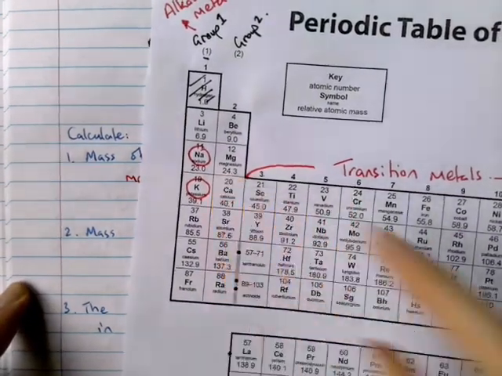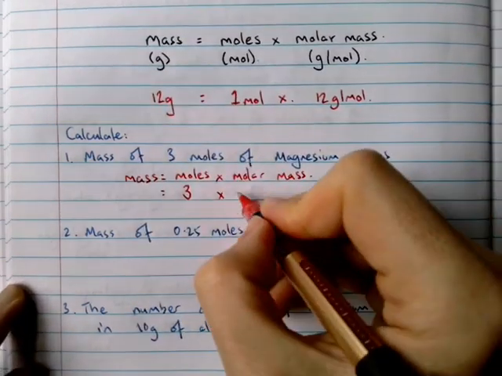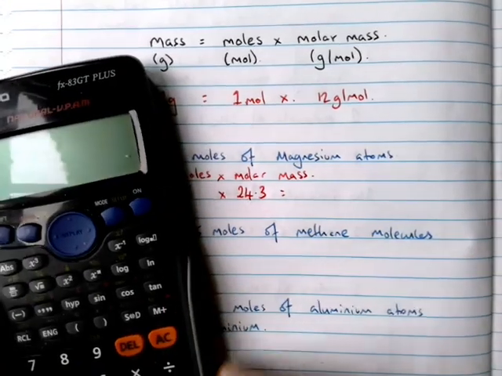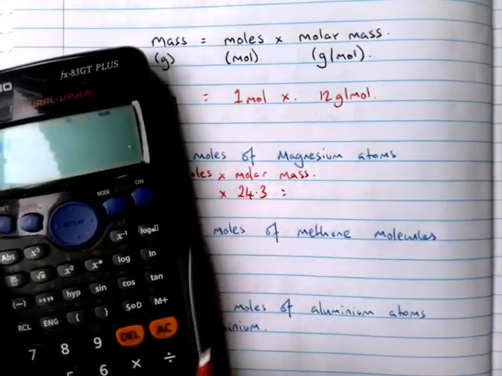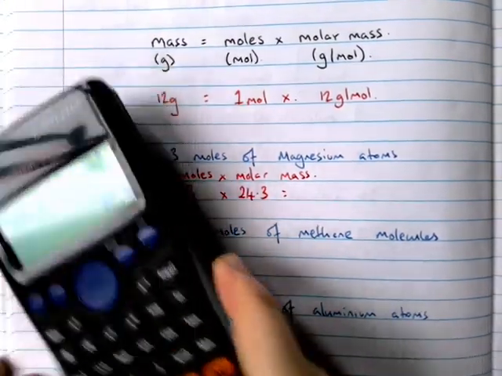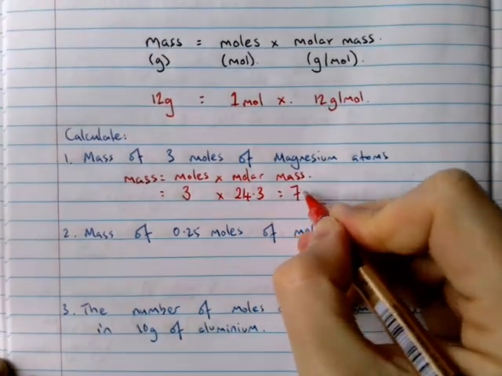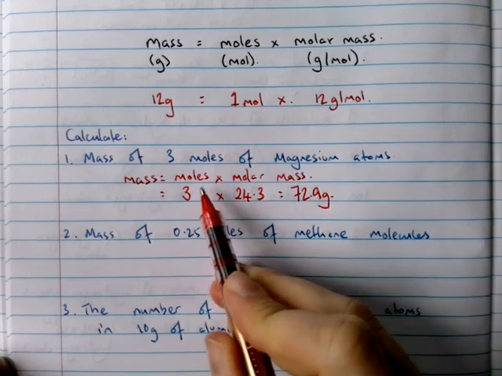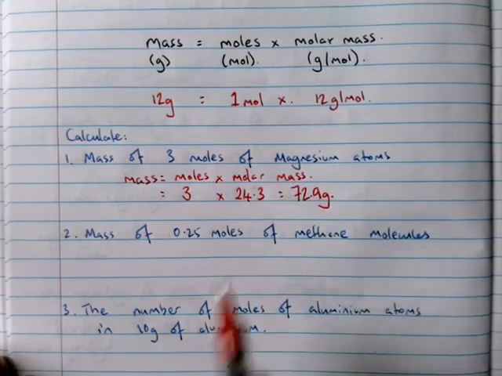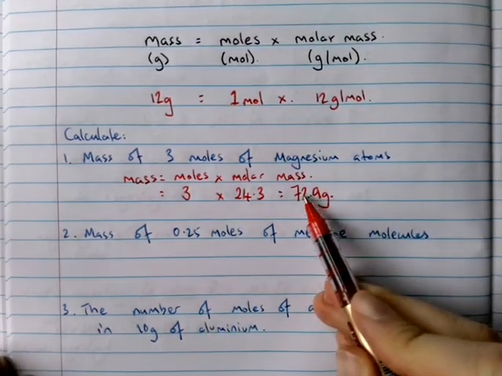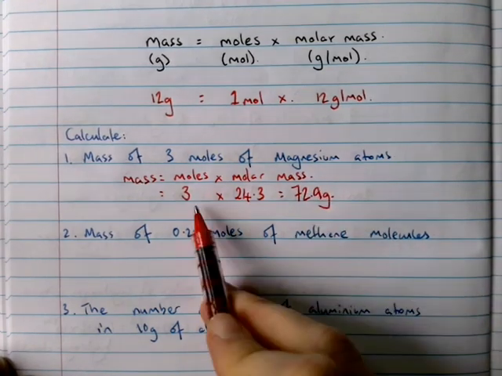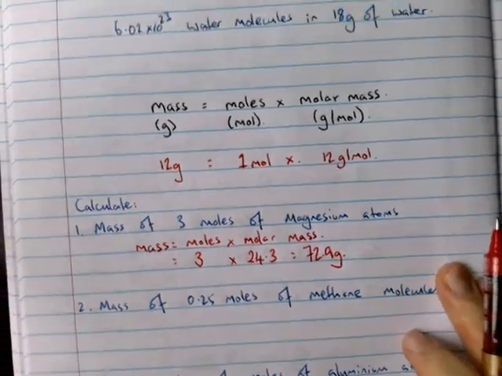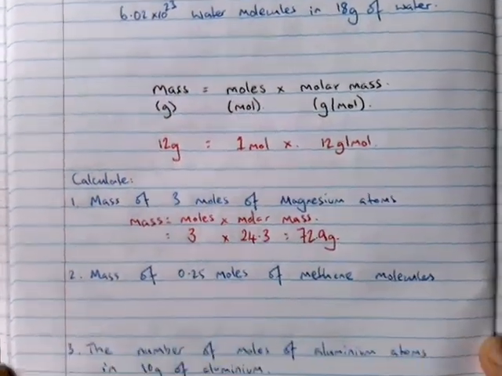So it's 24.3. 3 times 24.3 is 72.9 grams. Okay, so if I've got 3 moles of magnesium atoms, that will be 72.9 grams. Or if I give you a piece of magnesium which weighs 72.9 grams, you know you've got 3 moles of magnesium atoms, which is going to be 3 times this number here, magnesium atoms.